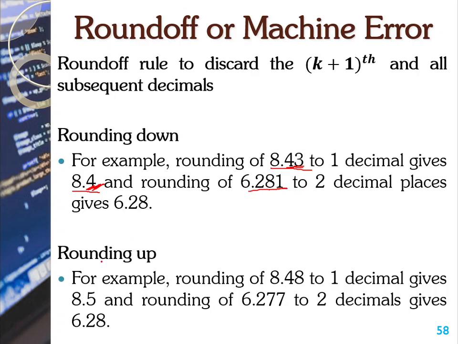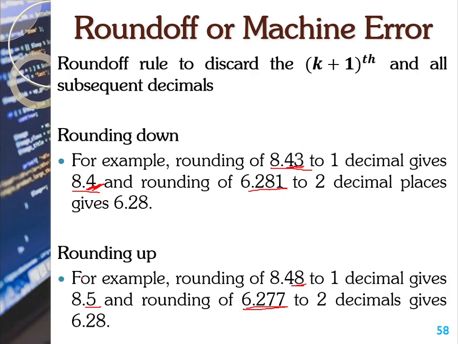In that same case, if you should have numbers like, for instance, we are rounding off this same 8.48 to 1 decimal place, because this 8 happens to be greater than, let's say, 4, it means that we are going to round up that number, and the same thing can be said for this expression that we have here, to 2 decimal places, and we have that to be 2.28.